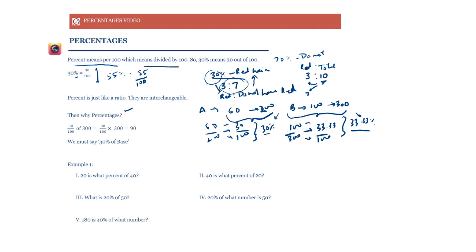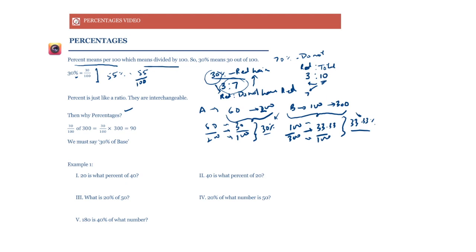So if we are given that A scored 30% and B scored 33.33%, then it is very easy to compare their marks. Hence, percentages are often used for the purpose of comparison, to compare two different quantities, two different parameters. If we put them in terms of percentages, we directly get to see which one is greater, which one is smaller.